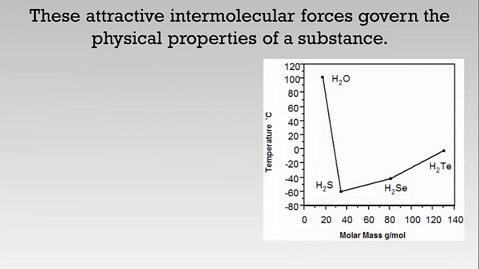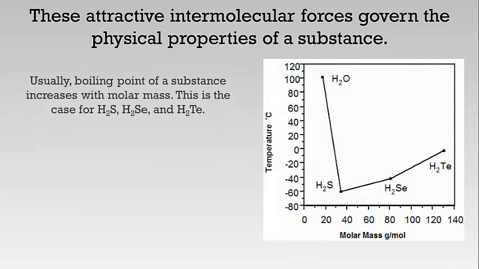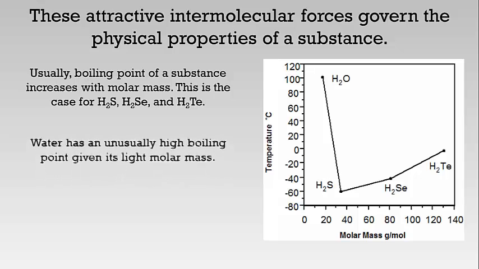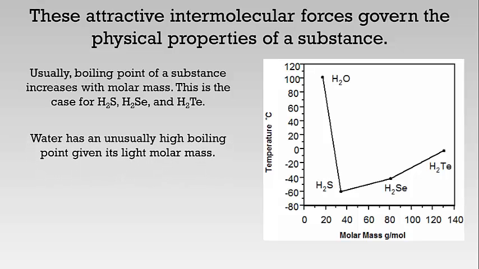Another example can be looking at boiling points. Usually the boiling point of a substance increases as the molar mass of the substance increases. This is the case for H2S, H2Se, H2Te. We see an increase in the boiling point there. But water has an unusually high boiling point, even given the fact that it has such a light molar mass.